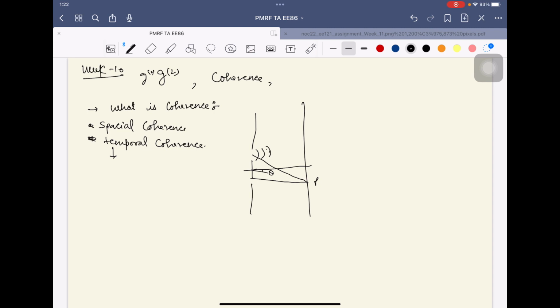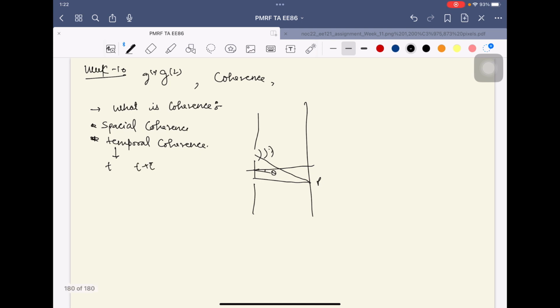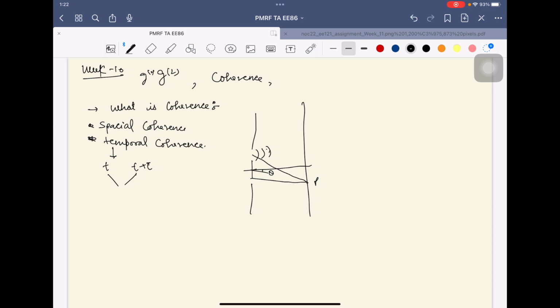Like if we have some time t and t plus tau, and the phase change is the same at these two times, then it is called temporal coherence. While if the wave has the same phase at x and x plus delta x, then it is called spatial coherence.